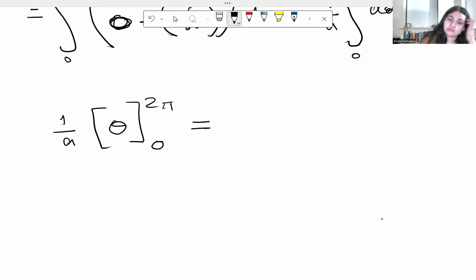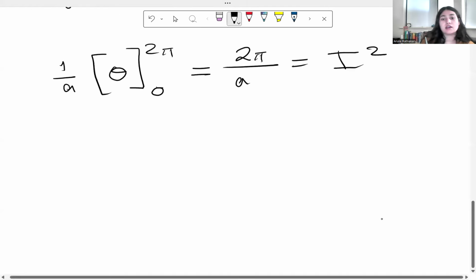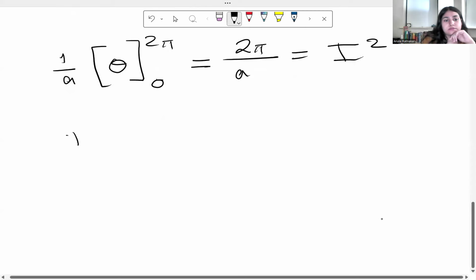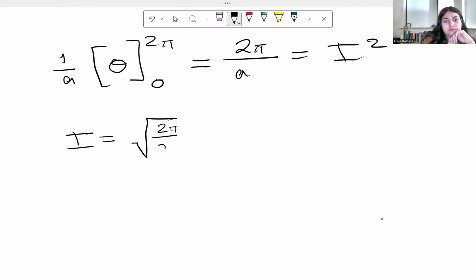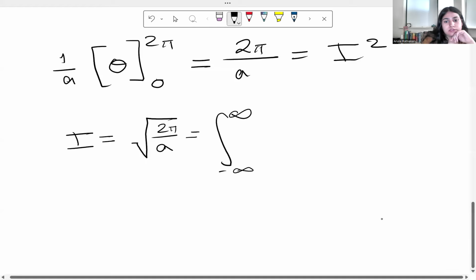So what we're left with is 2 pi over a. And this was I squared, which means that I is the square root of this. And I'll write the original integral too.